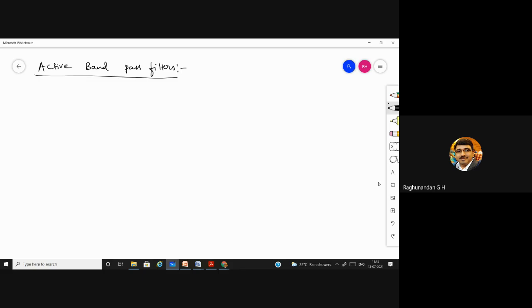But here in the active band pass filter, it is going to allow both higher frequencies as well as lower frequencies. That is, it is going to allow the set of frequencies for which the circuit is designed.